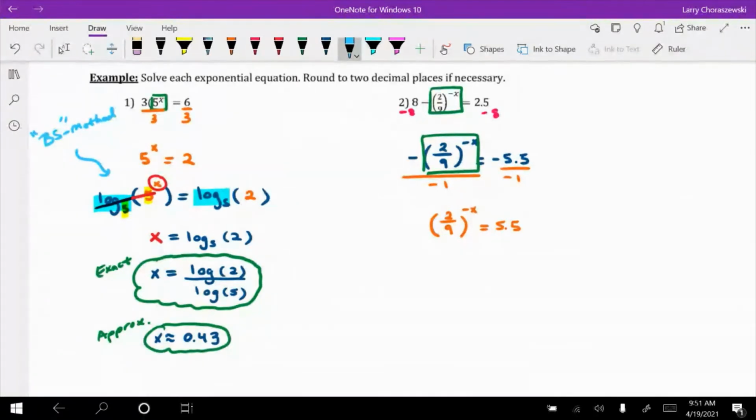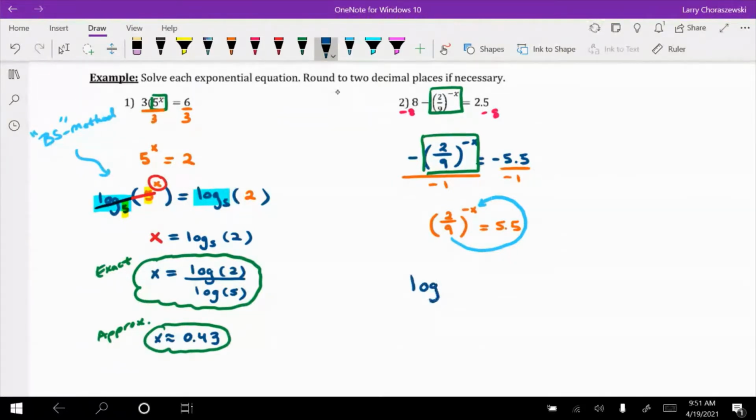Now, I'm going to do a log loop. Once the exponential is isolated, you have the option to use the BS method, but in this case, I want to use the log loop method. And what that essentially means is we're just going to rewrite this in log format. Now, as a recap, when we write this in log format, we start at the base, which is 2/9, wrap around the right-hand side, and then finish off in the exponent.